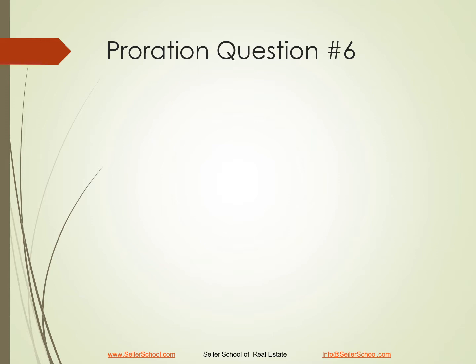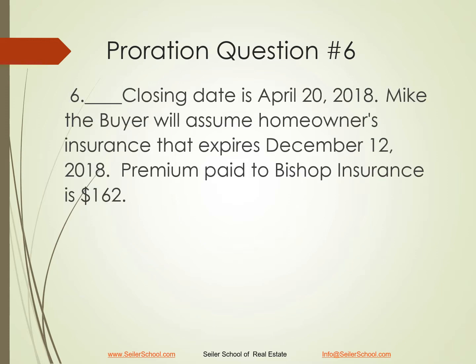Proration question number 6. Closing date is April the 20th of 2018. Mike, the buyer, will assume the homeowner's insurance that expires December 12th of 2018. The premium paid to Bishop Insurance is $162.